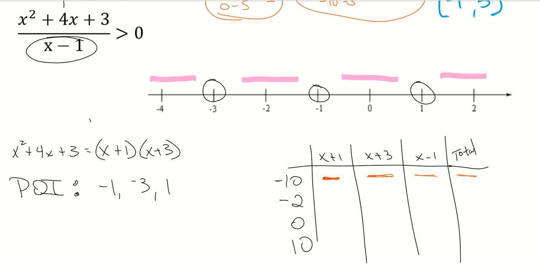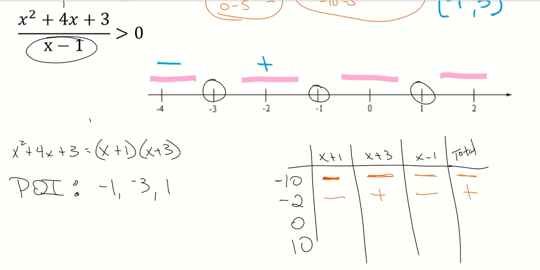So that's the region right here, negative. I go plug in a negative 2. Well, this one becomes negative, this one becomes positive, and this one becomes negative. Well, an even number of negative signs makes this positive. So this region is positive.